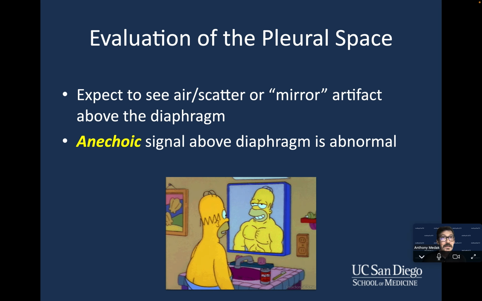And so what we end up seeing is not so much normally aerated lung on ultrasound, but we see lots of artifacts or lots of fake outs or lots of kind of just a signal that is indicative that the normal lung is aerated, but you actually can't see lung, because normal healthy aerated lung doesn't really show up on ultrasound. It's only if it is contused, if it's full of pus or full of blood, that you'll actually see lung parenchyma. And that's an interesting thing to keep in mind.